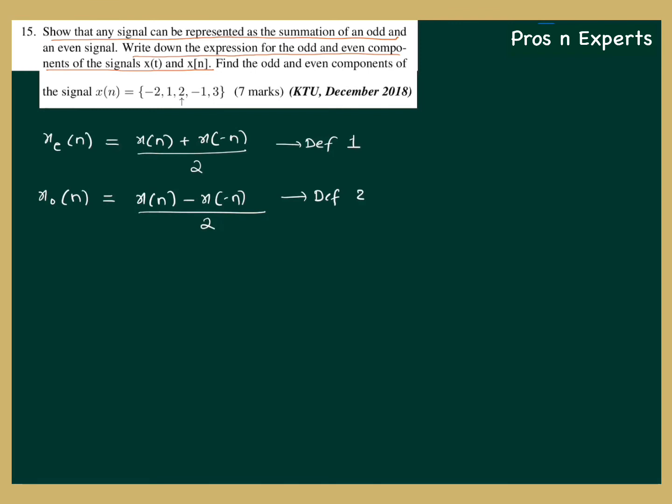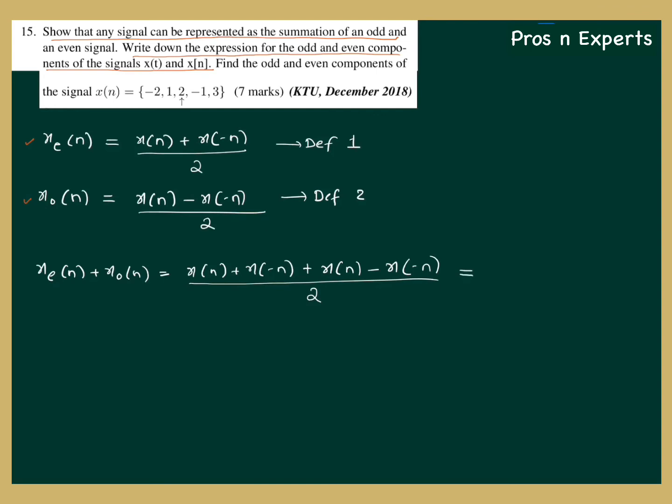To prove that xe of n and xo of n sum to give x of n is very simple. We just add xe of n and xo of n, which will give you [x of n plus x of minus n plus x of n minus x of minus n] whole divided by 2.